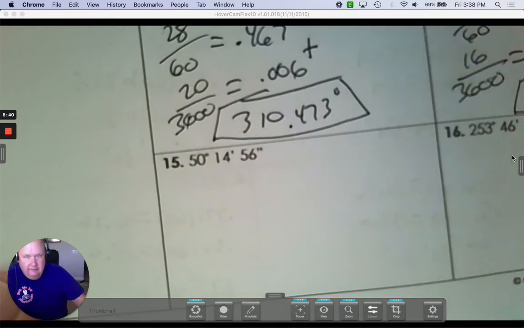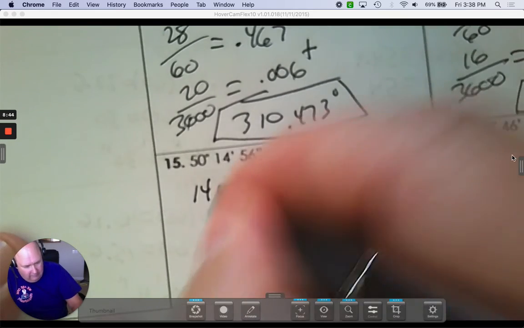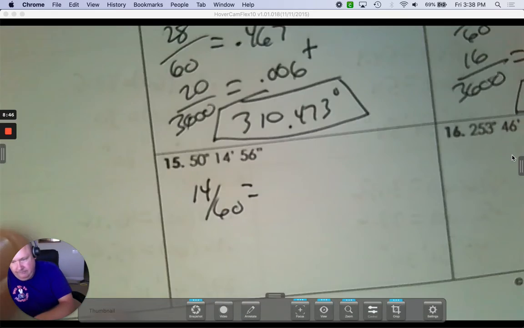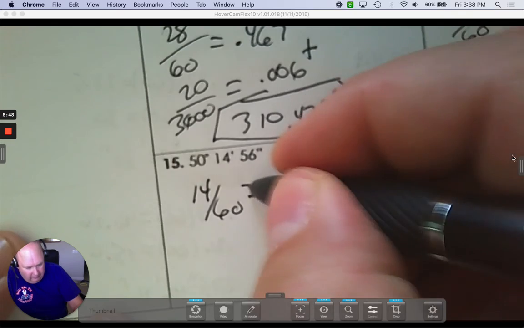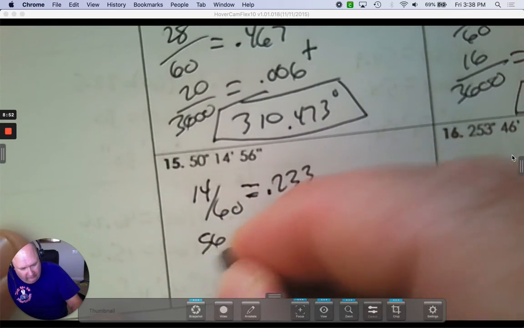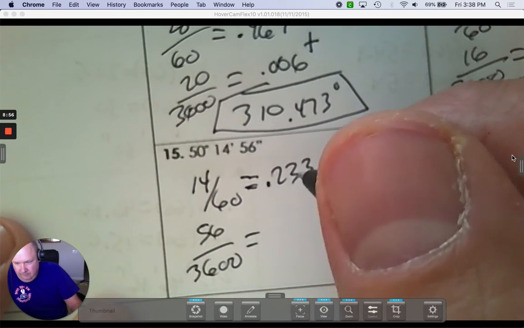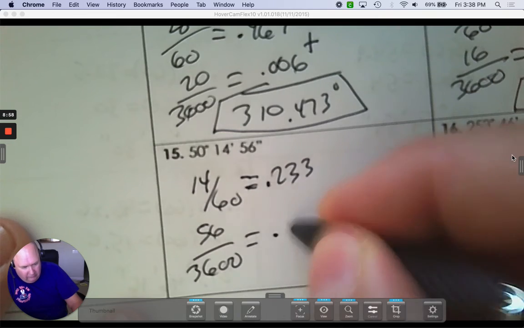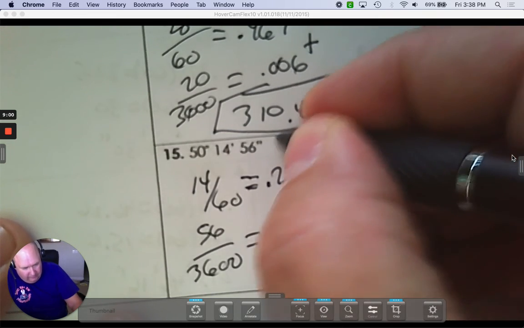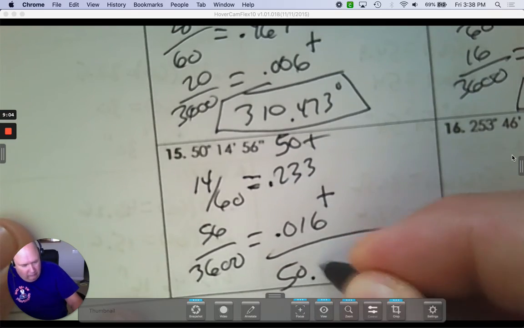Number 15, we have 14 minutes divided by 60. That's 0.233. And 56 seconds divided by 3,600. That's 0.016. Add that up with 50, and you get 50.249.